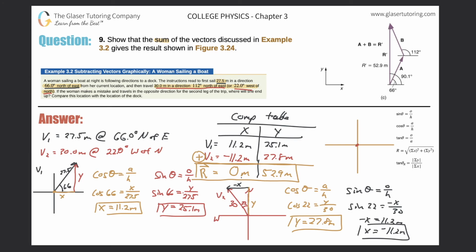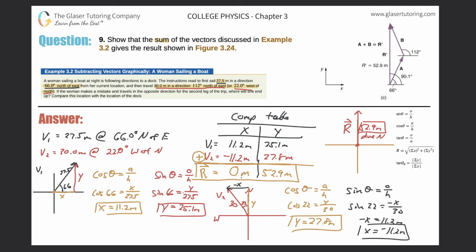So we start at the origin and draw a line straight up, and the magnitude of that is going to be 52.9 meters. And what direction is it? It's due north, straight north. So this red line represents the resultant vector.